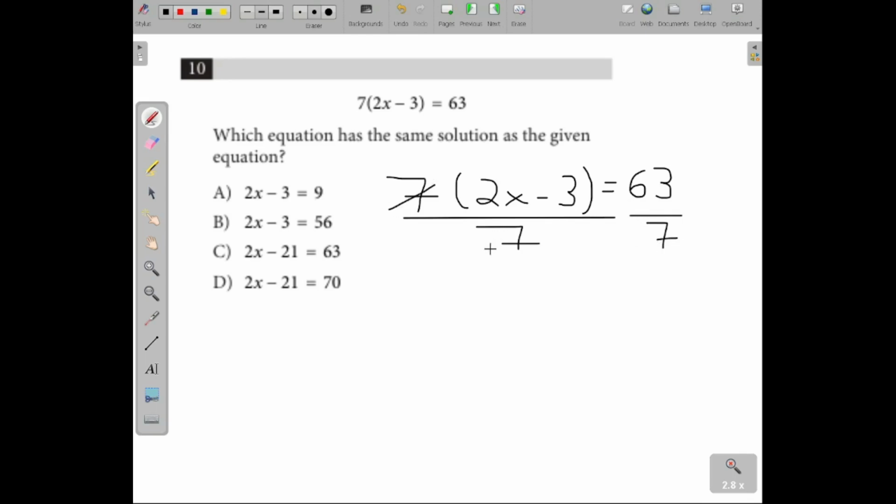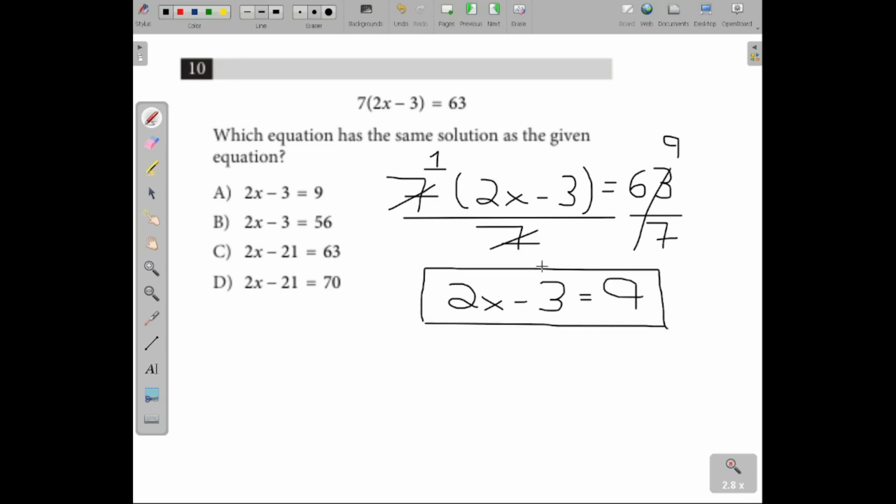So 7 divided by 7 is equal to 1, and 63 divided by 7 is equal to 9. 1 times 2x minus 3 is 2x minus 3 equal to 9. We get this equation, and the right answer is A.